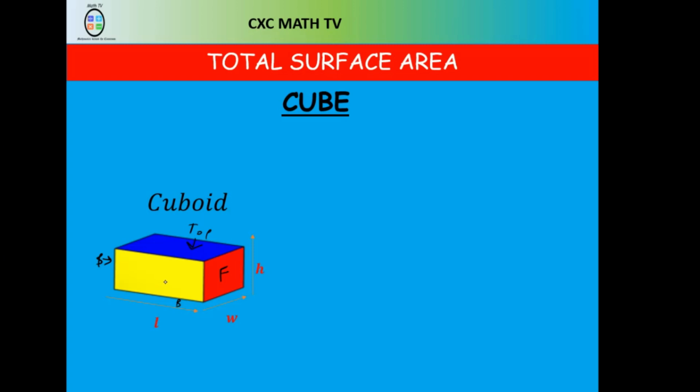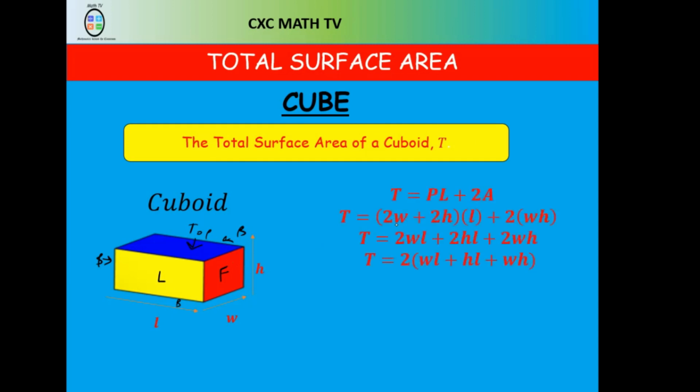And the area at the left side is going to equal the area at the right side. So realize with a cuboid, if you use the formula and set it up, it really works out to be: find the area of the front, and then the same area is the area at the back. Area at the top is the same as the area at the bottom. Area at the left is the same as the area at the right. So it works out to just be this formula here.